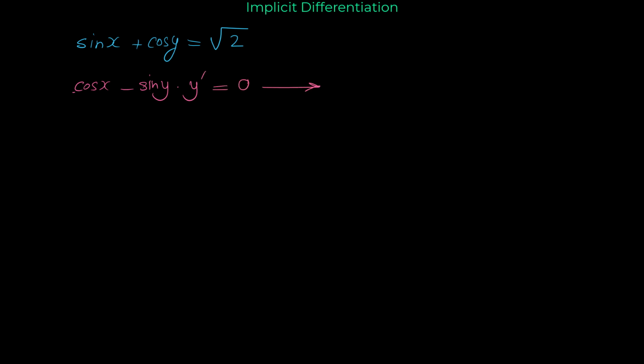If we solve this for y prime, then we have sine of y times y prime equals cosine x. If we divide both sides by sine of y, then we have y prime equals cosine x over sine y.